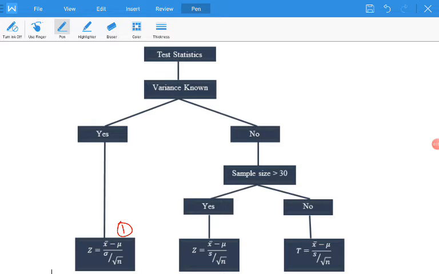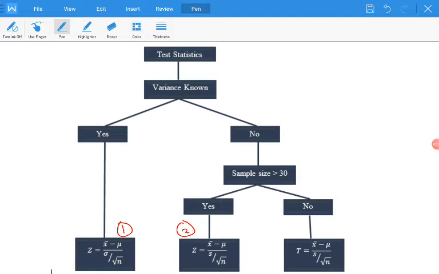And if the variance is not known, we need to consider if the sample size is more than 30 or less than 30. If your sample size is more than 30, again we use the z-score. But on the second test statistic, I want you to notice the difference.